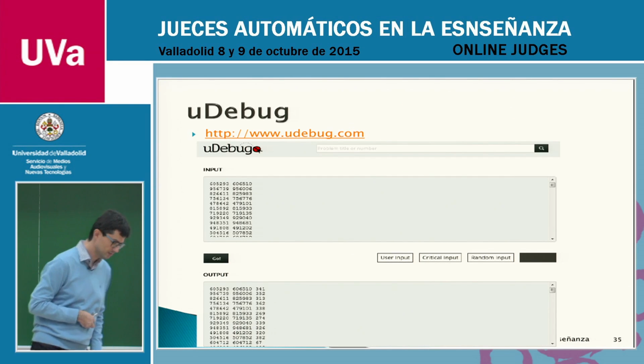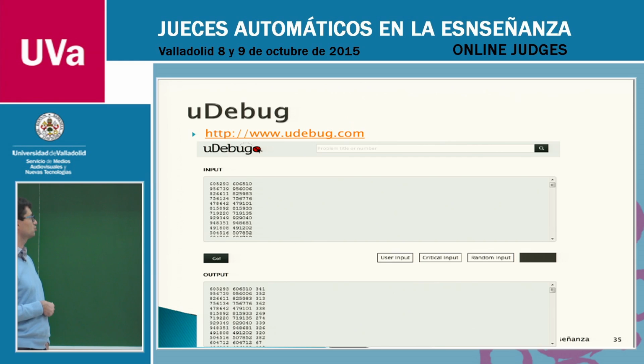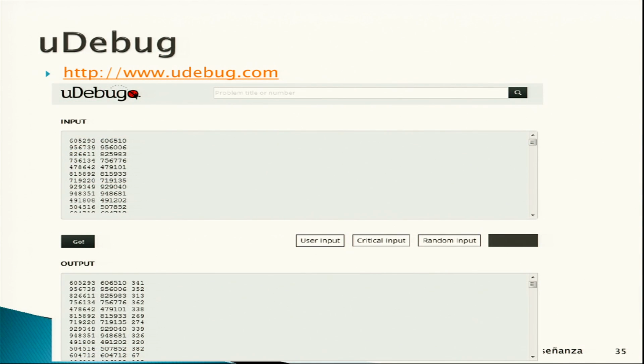A very good thing that you can also use is the tool UDebug, which I think was explained this morning. It's very, very useful, because when you are working with a test case, you can get the output of this test case, and this helps a lot when you are going to solve a problem.